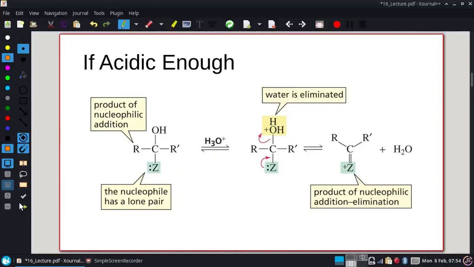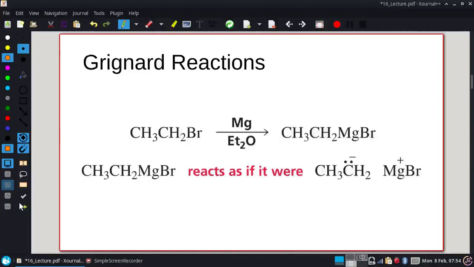If it is acidic enough, we can get the alcohol to be protonated and kick off, and we can get an addition-elimination product. But you have to have the right type of nucleophile here because it's got to be able to easily handle a positive charge. Now, most of them can, or many of them can, but it will actually be unique to the situation.